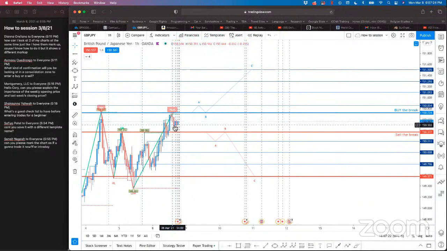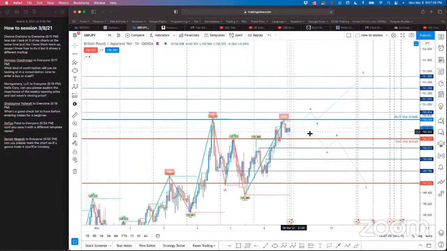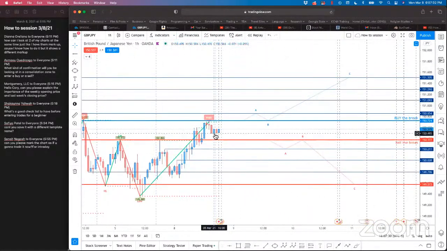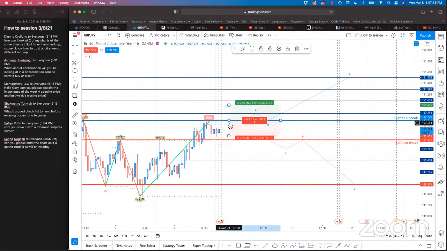And I'm probably going to use the body of this down candle, this bearish engulfing candle right here, right? So my stop loss will look a little like this, where this would be my target right here. And then my stop loss would be about here, just underneath here.